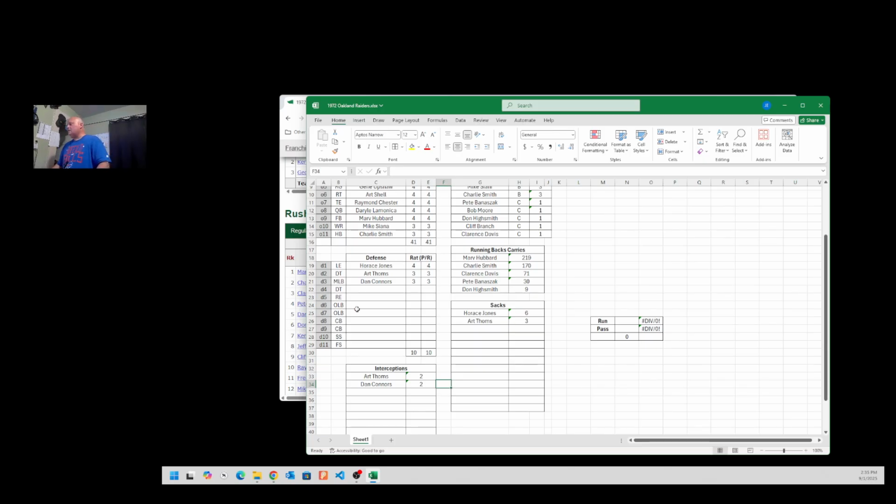Otis Sistrunk, defensive tackle. Whoops. Otis Sistrunk, 3. He is also a W2 and a QS3.